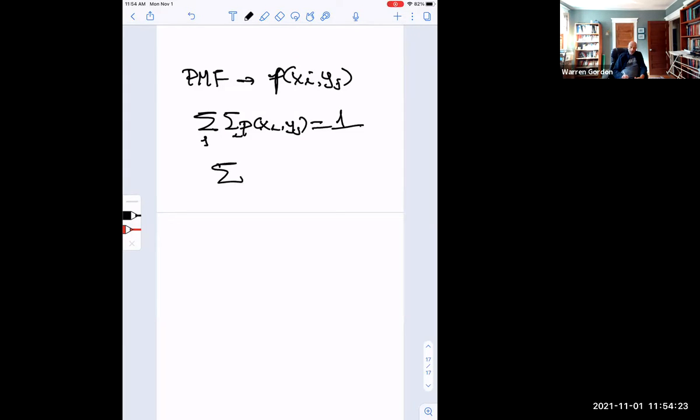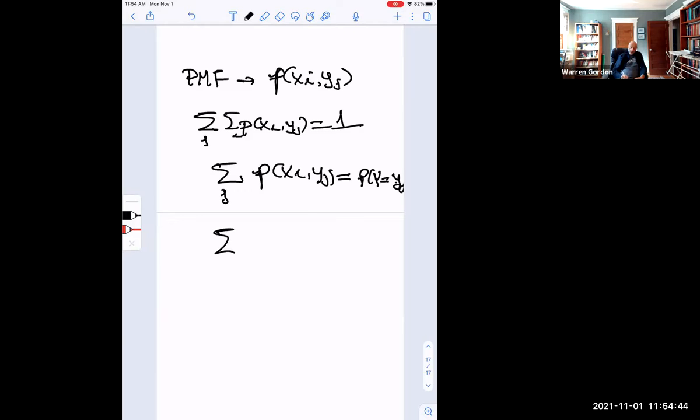If you add up over a column, you get the probability that Y equals Y sub j.